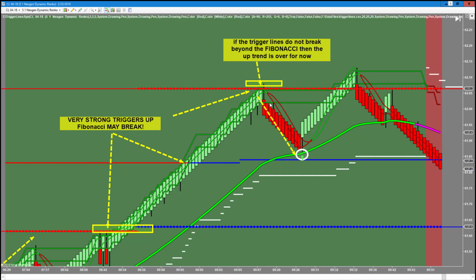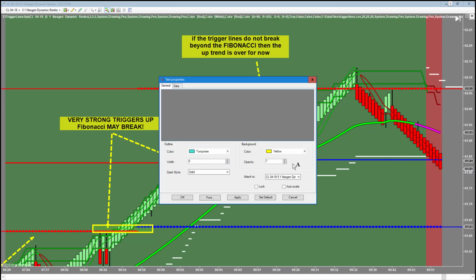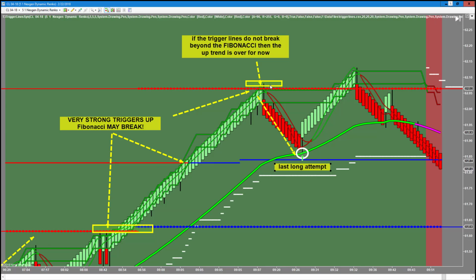And again, this weakening of the small triggers finally says that because the fibs were not violated by the trigger lines, and we had the small triggers get below the synthetic triggers, then this usually will end up being your last long attempt. And sometimes you don't even take that last long attempt. But again, you have to recognize the location of your triggers relative to your fibs.